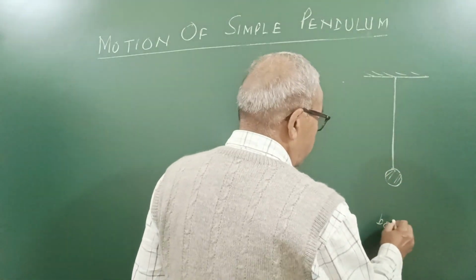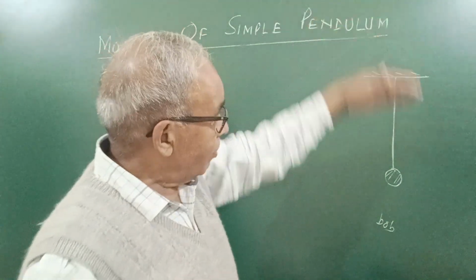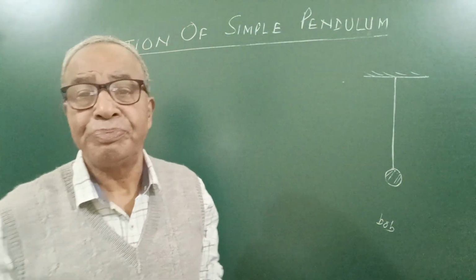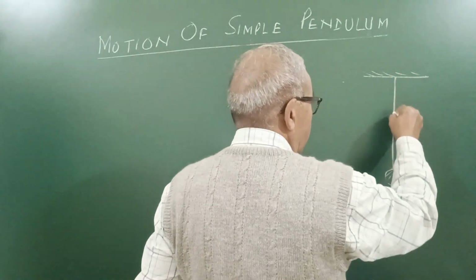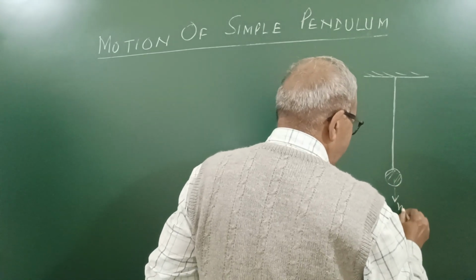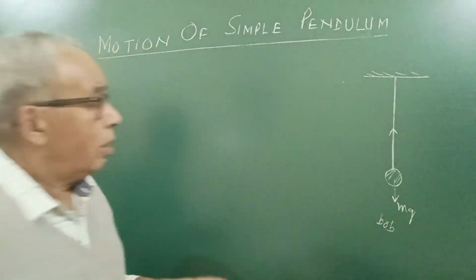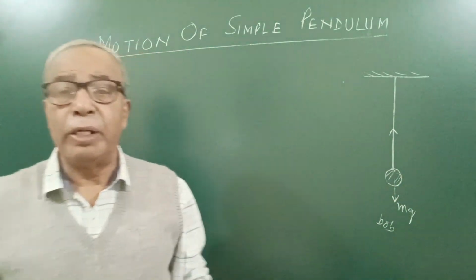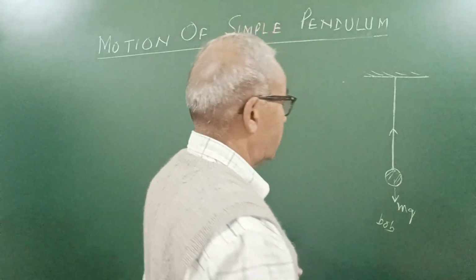Bob, B-O-B, bob. Now, it is in vertical position, it is in equilibrium position. When this bob is here, the weight mg acts downward, and tension T upward. In equilibrium condition, it remains vertical, net force is 0, tension T and mg balance each other.